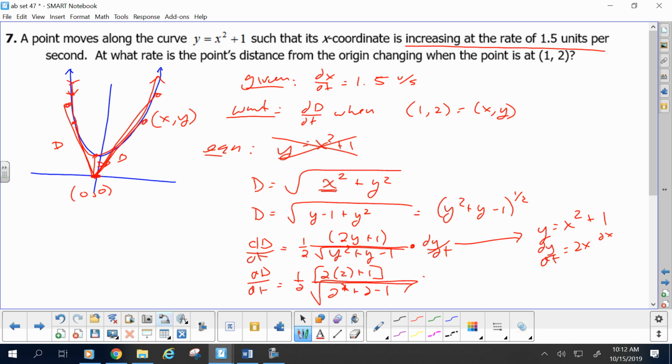2x dx/dt, yeah? What's x? 1. Right? Oh, yeah, sorry. 1. And what's dx/dt? 1.5 or 3/2. So what's dy/dt? 6/2 or 3. All right, now we got it. Now we're rolling. We had to do a little side calculus. That's all good.